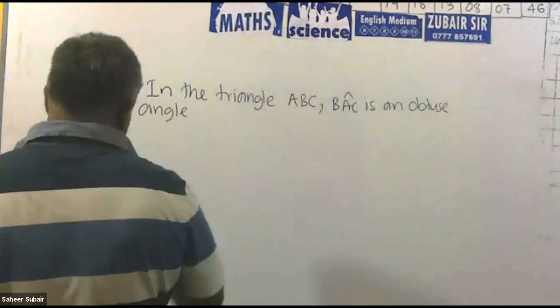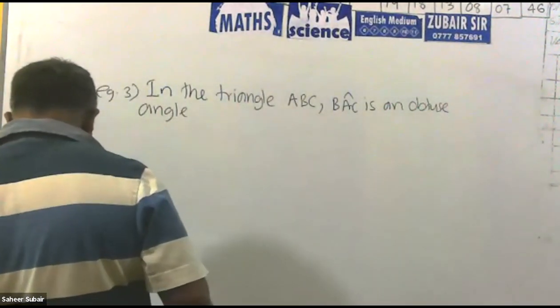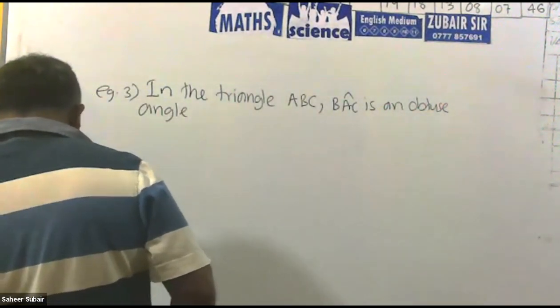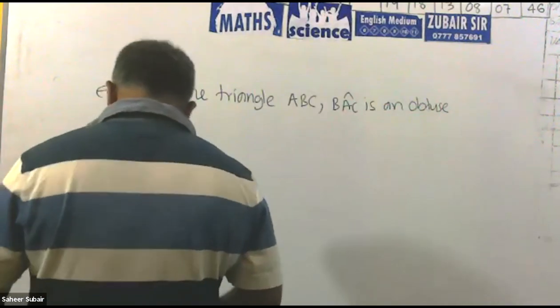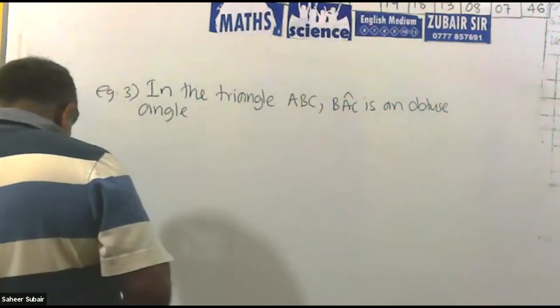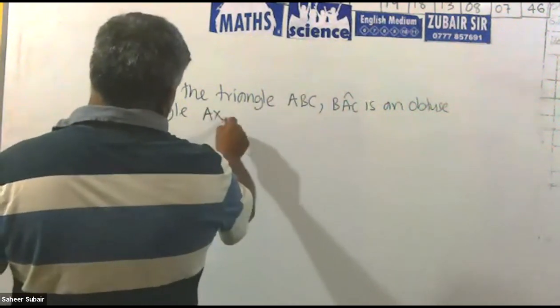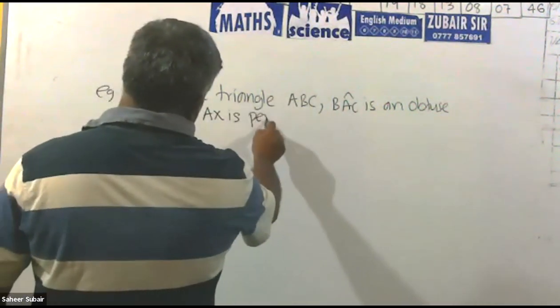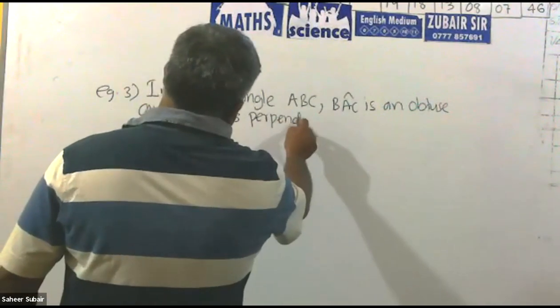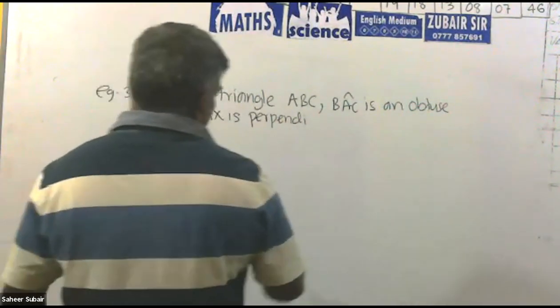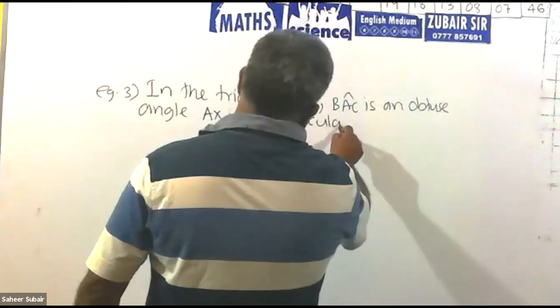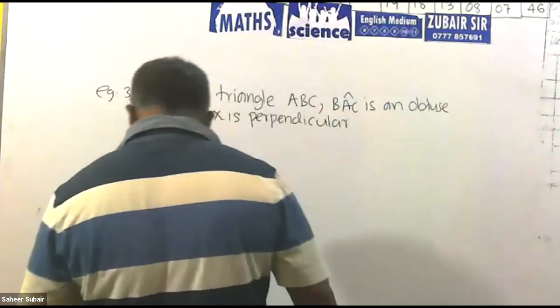An obtuse angle. AX is drawn from A. AX is perpendicular to BC.